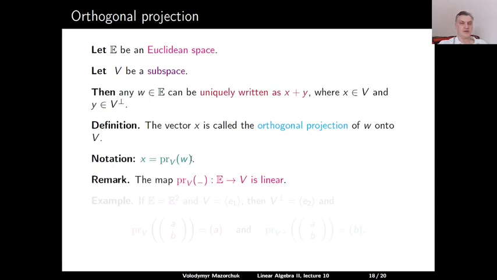One can check that this map, projection onto V, which starts from a vector in E and outputs a vector in V, is a linear map.